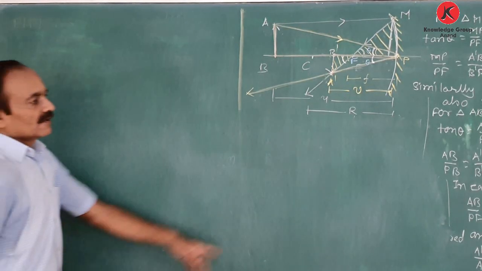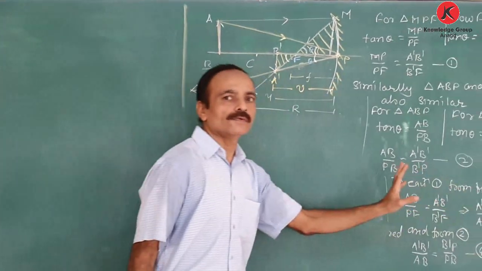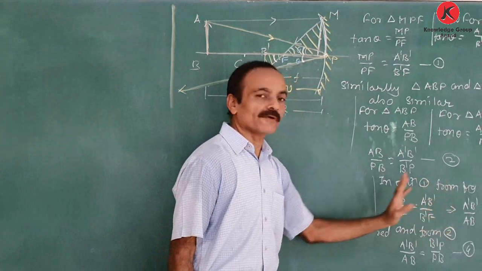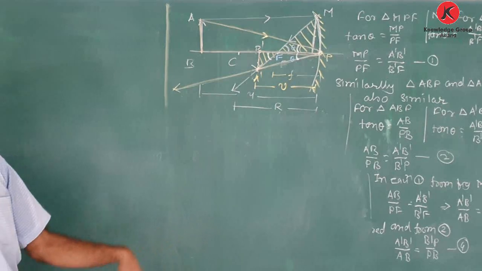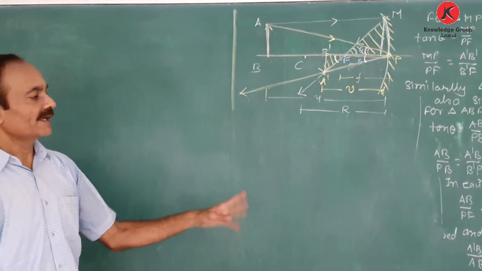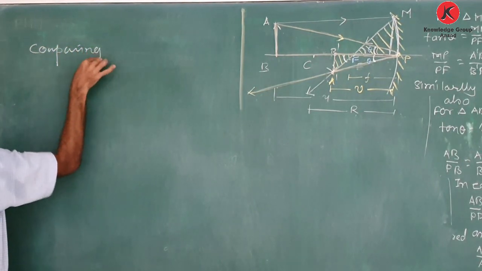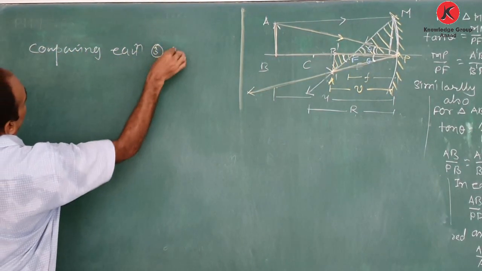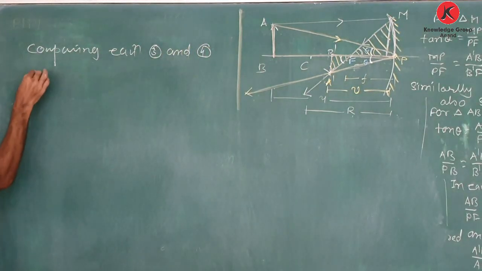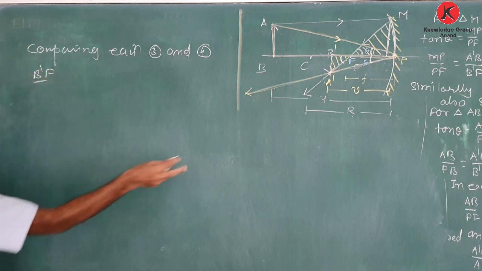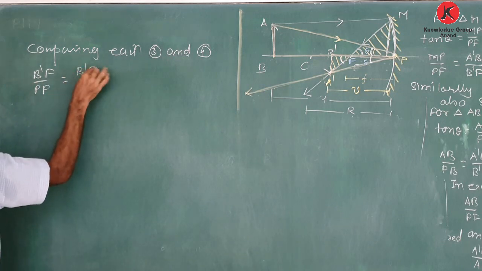Now, comparing equations 3 and 4, the left hand sides are the same, therefore the right hand sides must be the same: B'F upon PF is equal to B'P upon PB.